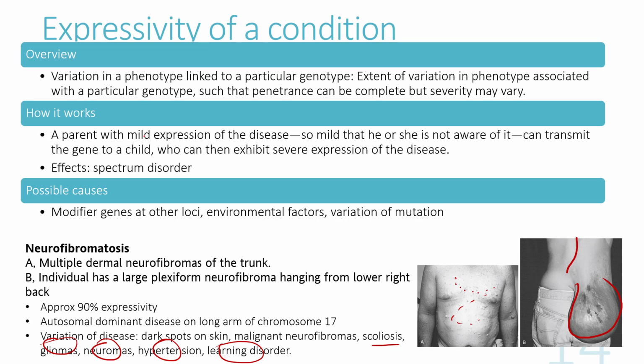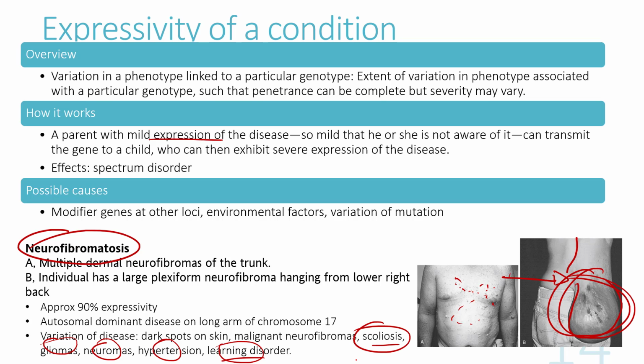So how it works is that a parent who has these dark spots may not actually realize that they have the gene for neurofibromatosis. They may not be aware of it, and they can end up with a child that has a severe version of the condition, right? So you've got a spectrum from mild to almost non-existent to something quite severe, like high blood pressure, learning disorder, tumors of the glial cells and the neurons, and disorders of the spine, right?